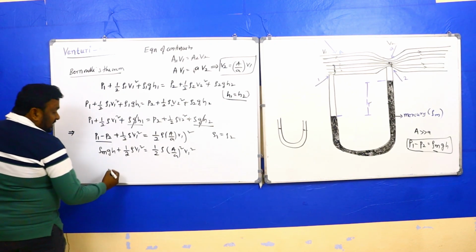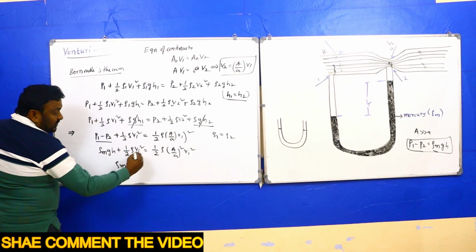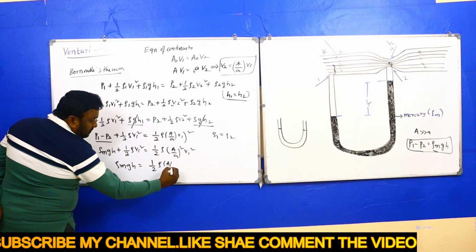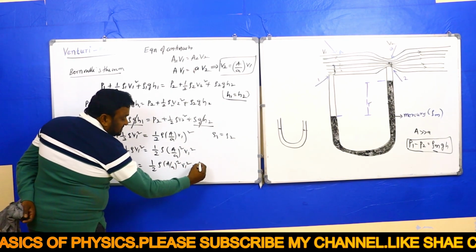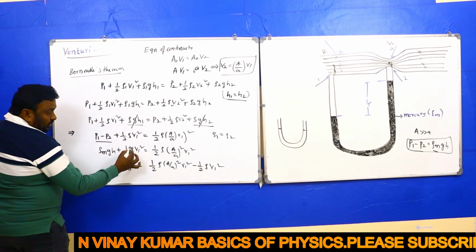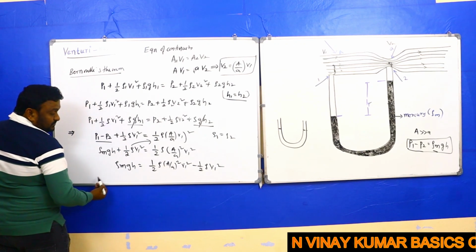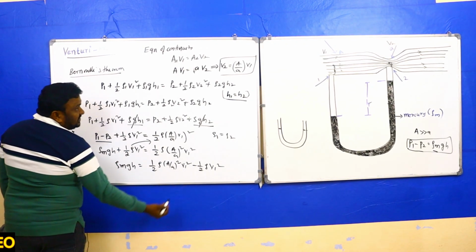Then obviously rho m g h is equal to, taking this term to that side, (1/2) rho (A/a)² V1² minus (1/2) rho V1². Among these two, which is common? V1² is common.